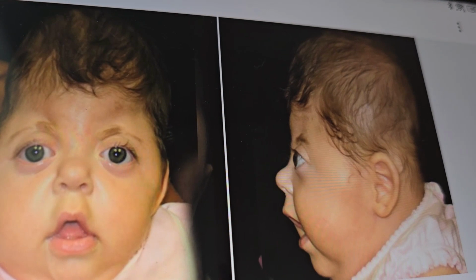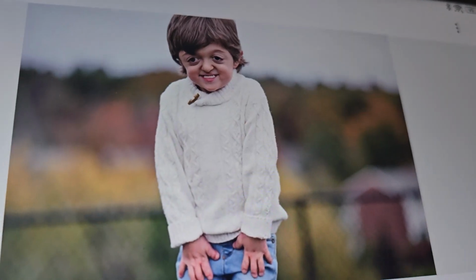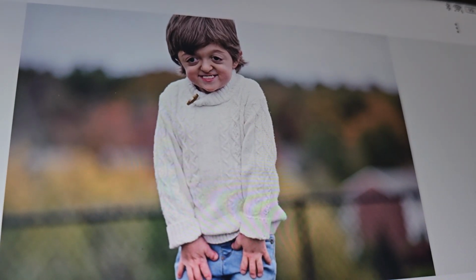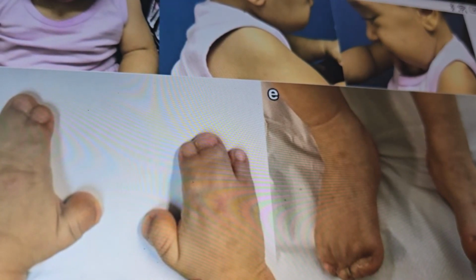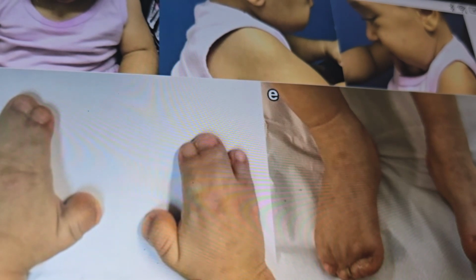This is an example I just want to present for Apert syndrome. One more example for Apert syndrome, so maybe you can memorize it and understand it for yourself. Here you can appreciate the syndactyly in the hands and feet, and the facial impression is very clear.